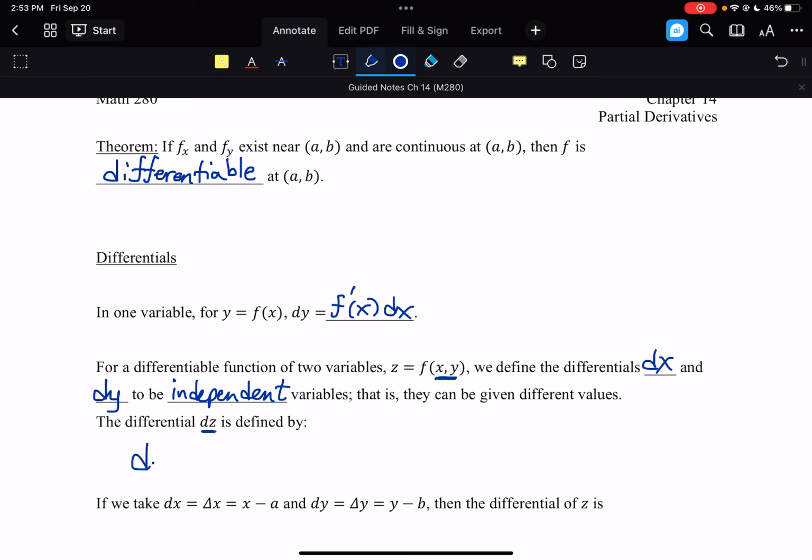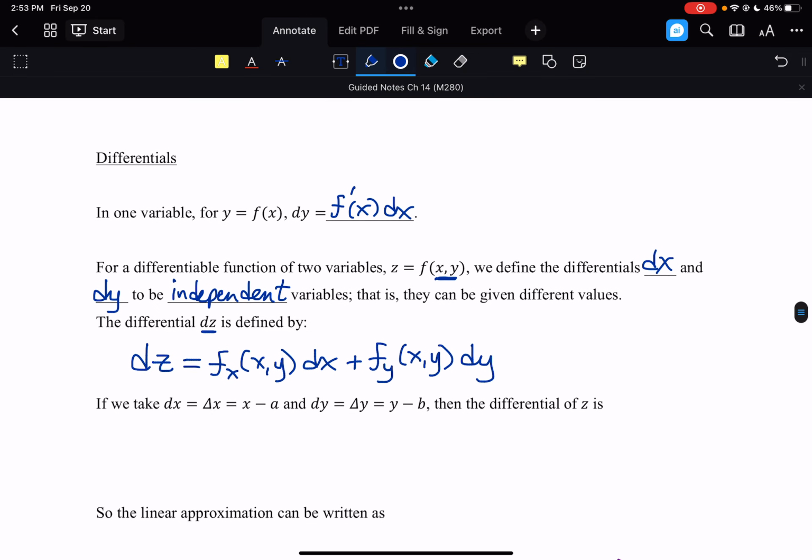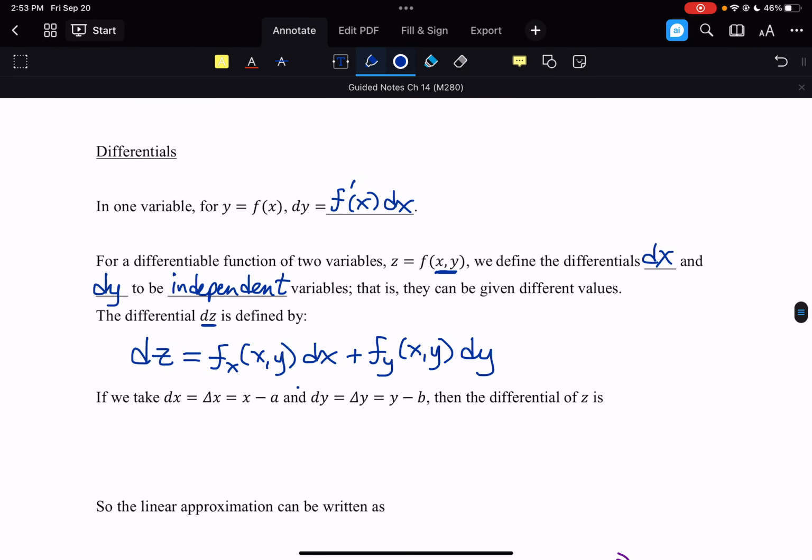So dz is equal to fx of x, y dx plus fy of x, y dy. You can see a similar formula to the one up here, right?